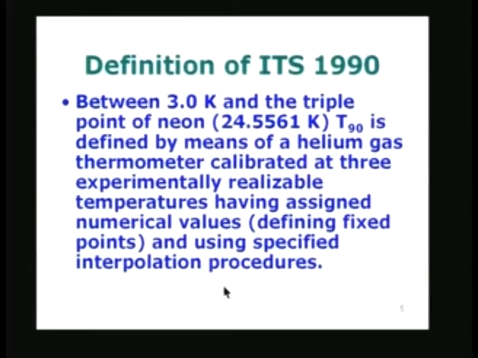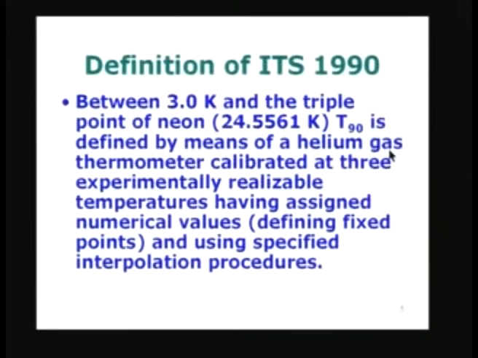And between 3 Kelvin and the triple point of neon, which corresponds to 24.5561 Kelvin, it is defined by the helium gas thermometer, the constant volume gas thermometer, which uses helium as the thermometric substance, and it is calibrated at 3 experimentally realizable temperatures having assigned numerical values.